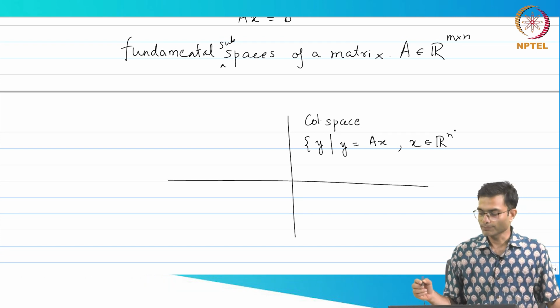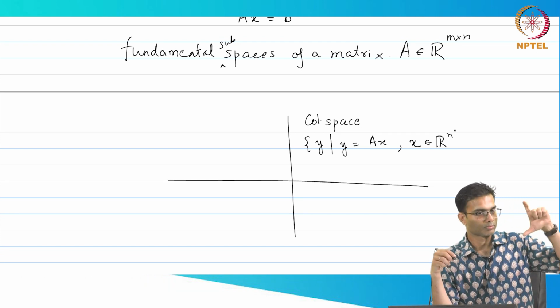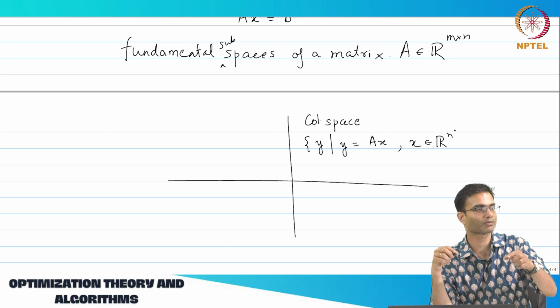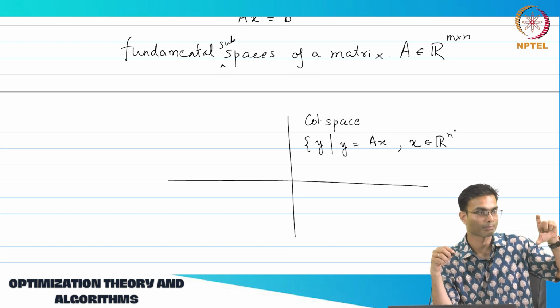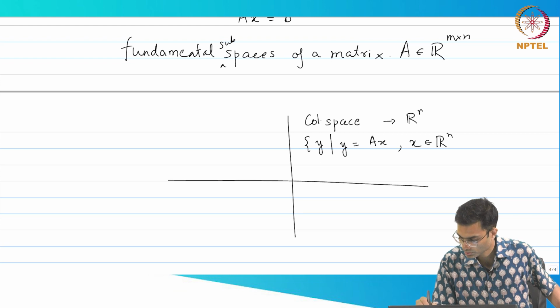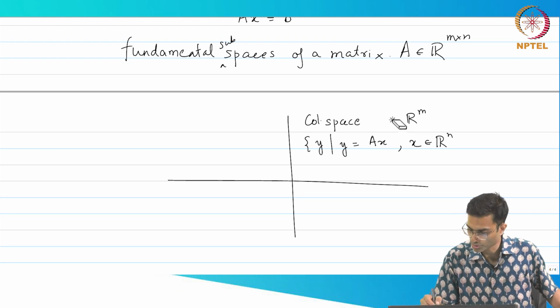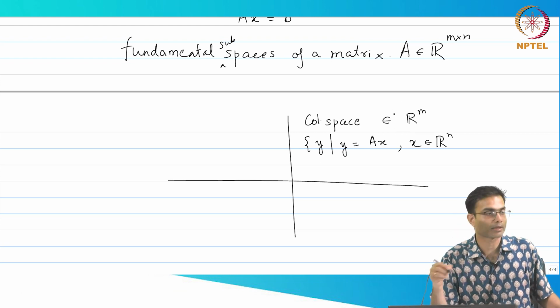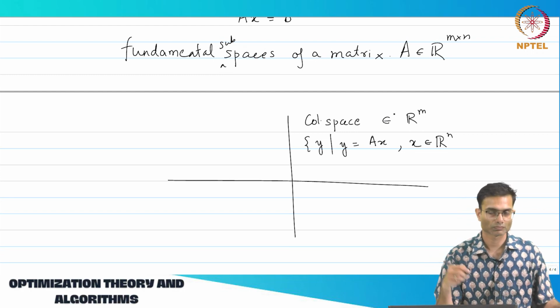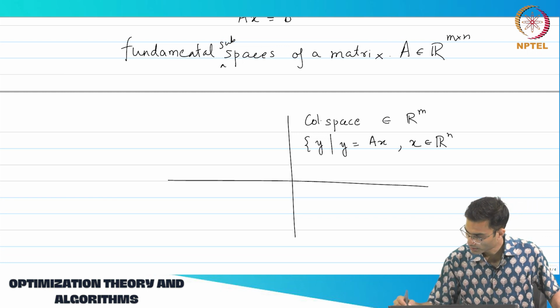What is the dimension of this space? M, right? Because A into X will become a vector of length M. So this is Rm, right? It's not going to be exactly this, it's going to be a subset of Rm because we don't know if we can cover all the vectors in Rm. It's not a given, okay?